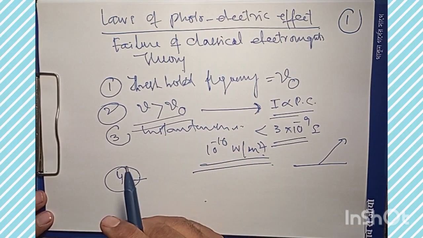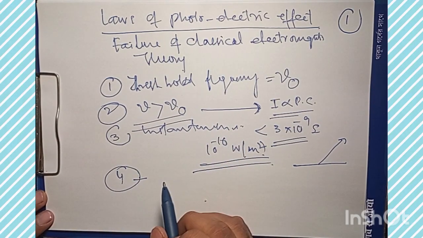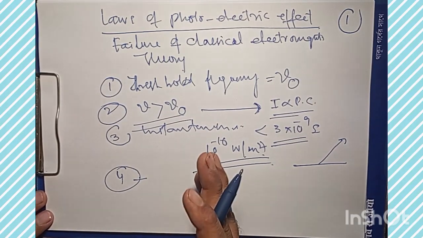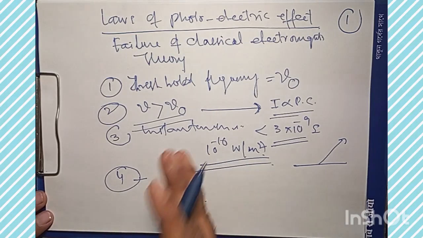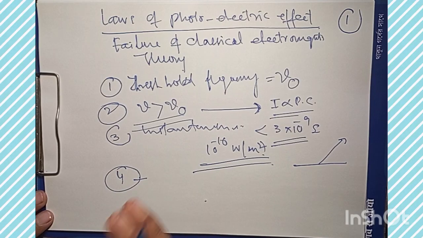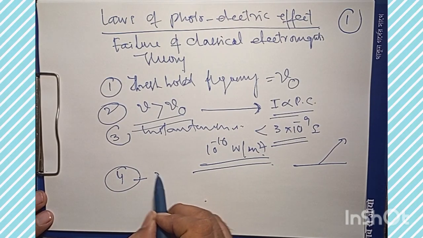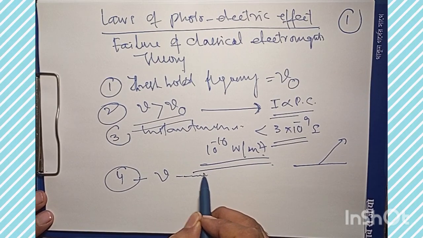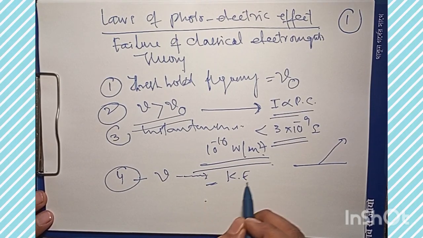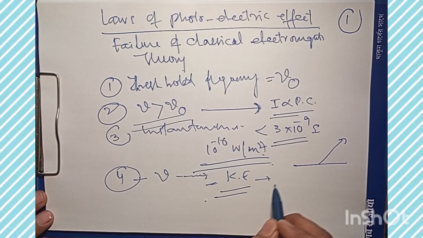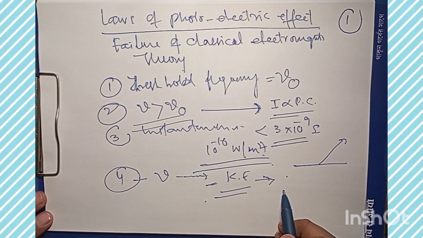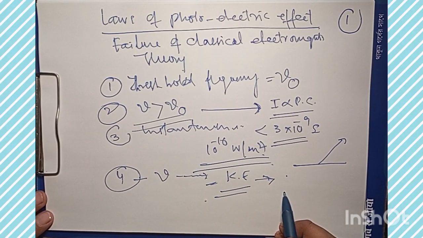The next important law, for this experiment conducted for different materials, is that the maximum kinetic energy and hence the maximum velocity of the ejected electron increases with the increase in the frequency of the incident light. As you go on increasing the frequency, the kinetic energy increases.